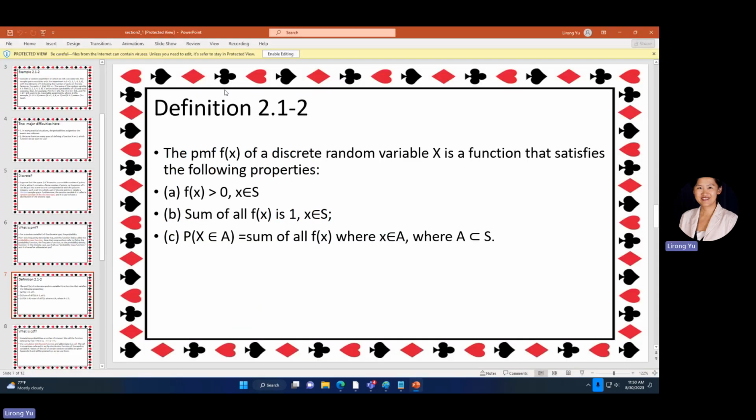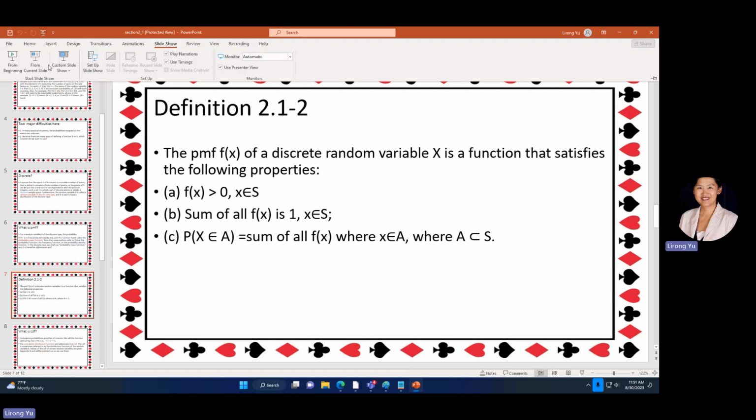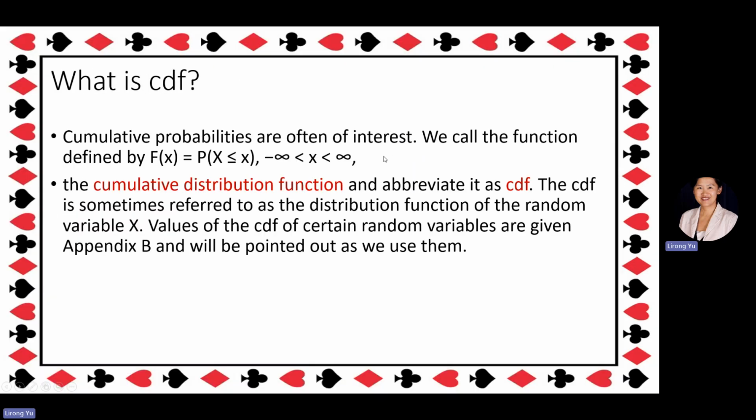And that's just the example for part C. Part C says if you want to find the probability of an event, you have to add up all the probabilities within that event. Just want to illustrate how this definition can be applied.